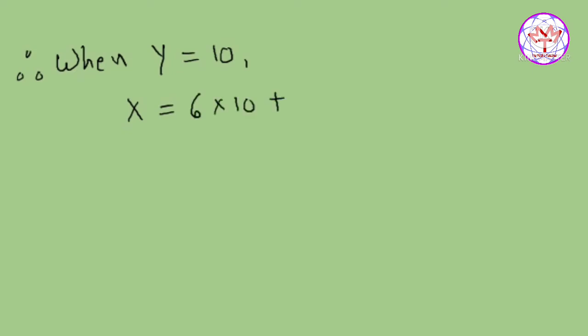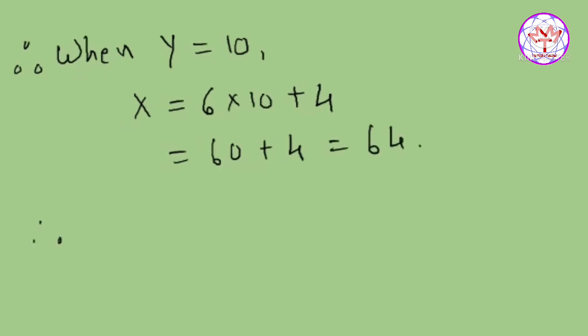So therefore, when Y is equal to 10, X is equal to 6Y, that is 6 into 10 plus 4. So we get 60 plus 4, that is 64. So estimated value of X is 64 when Y is equal to 10.